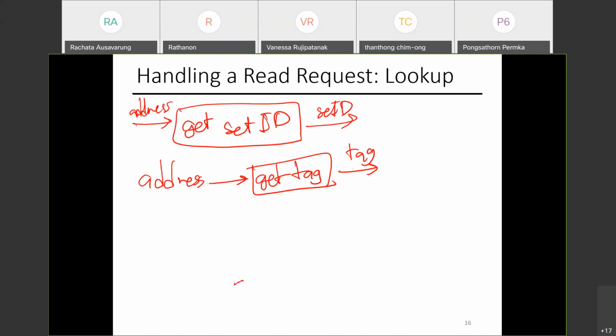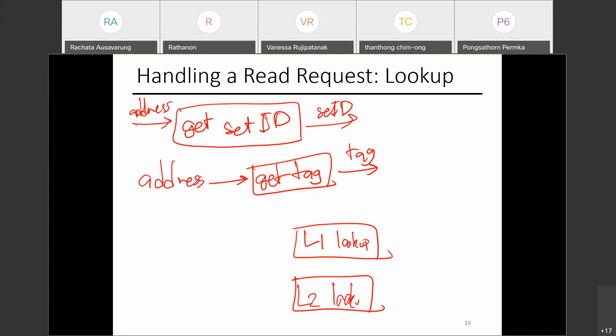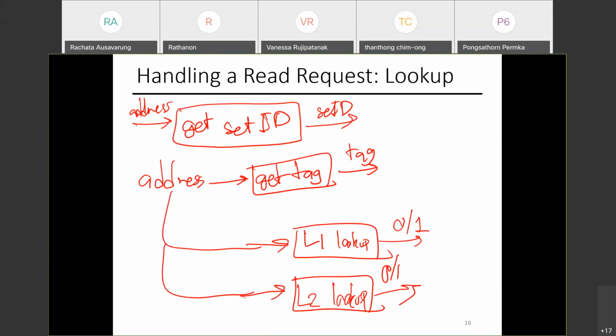The other two functions are called L1 lookup and L2 lookup. This would return 0 or 1 depending on whether it's a hit or a miss. What's the input of the L1 and L2 lookup? Again, address. You use address for everything.